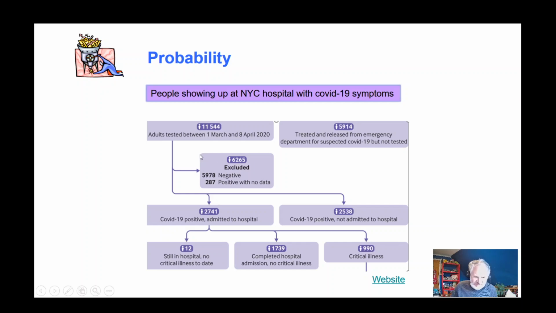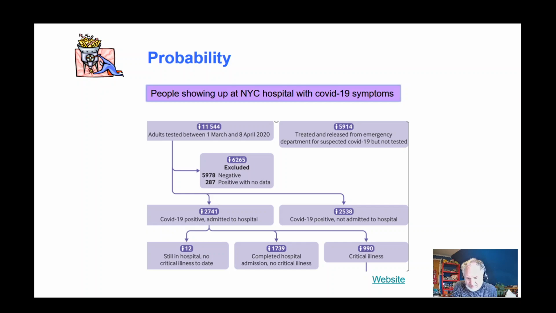They had no data. So then that leaves us with the remaining who tested positive. Of those who tested positive, 2,741 were admitted to hospital, 2,534 were not admitted. So when they tested and you came back positive, roughly more than half ended up admitted to hospital.